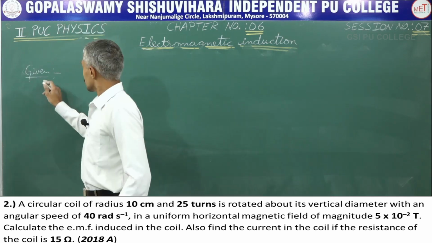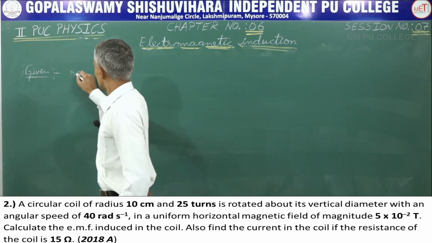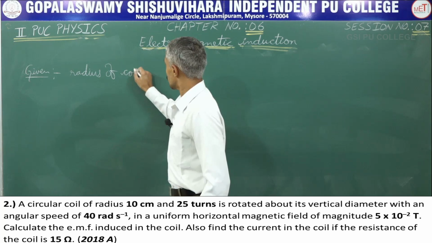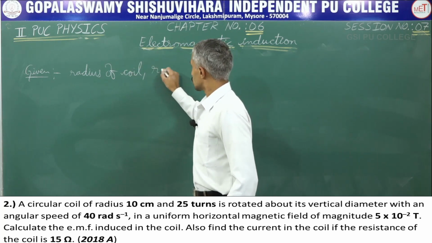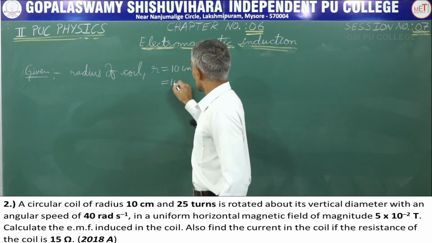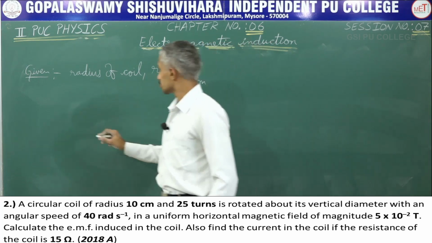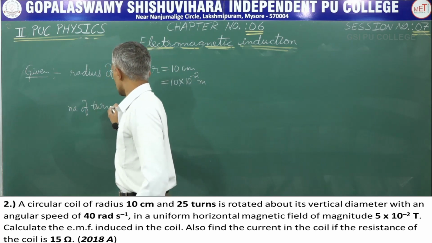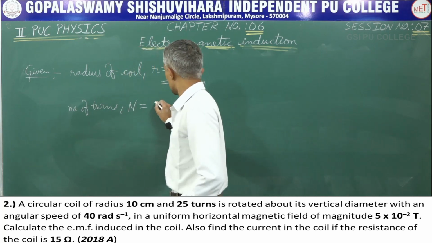Let us begin. Given the radius of the coil, I will take this as small r, which is 10 centimeter. In terms of SI unit, 10 into 10 to power minus 2 meter. Then the number of turns of the coil is 25.